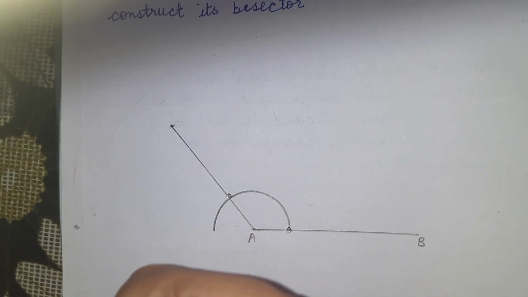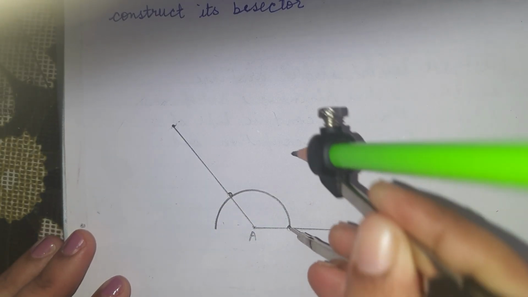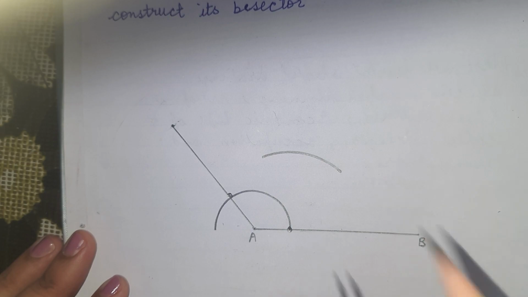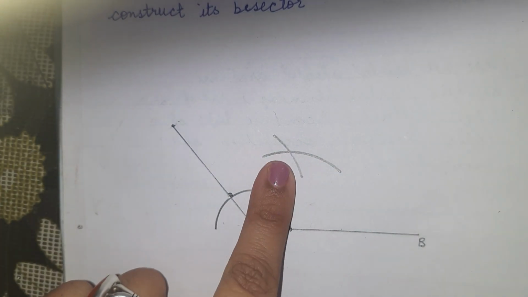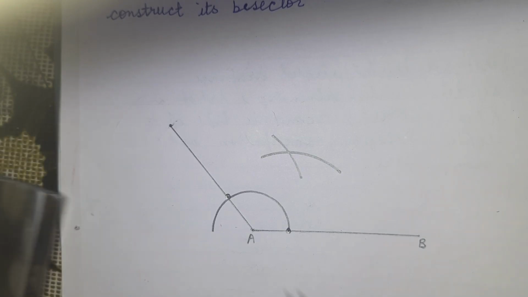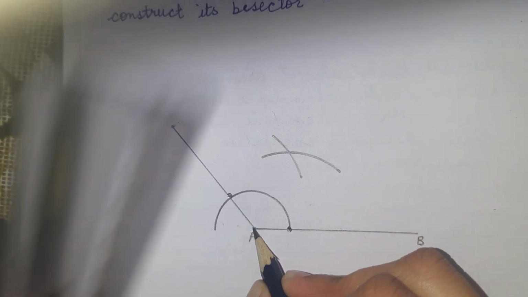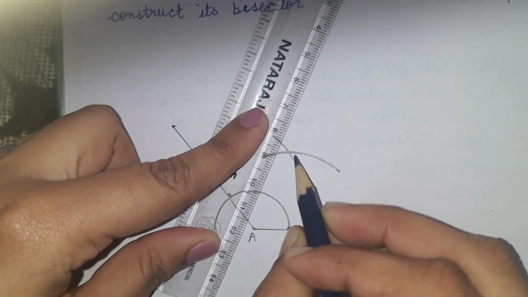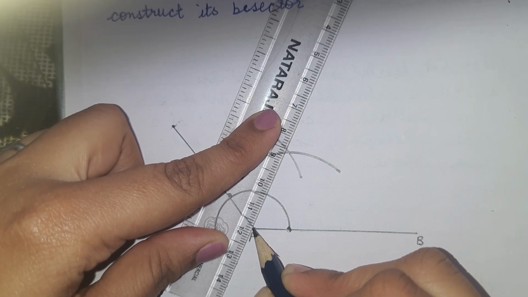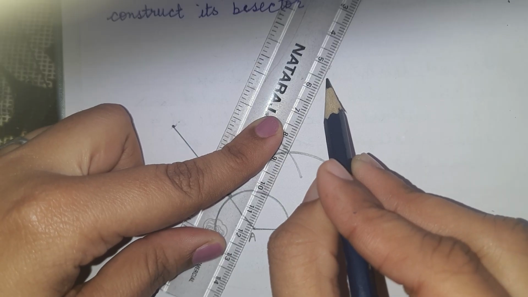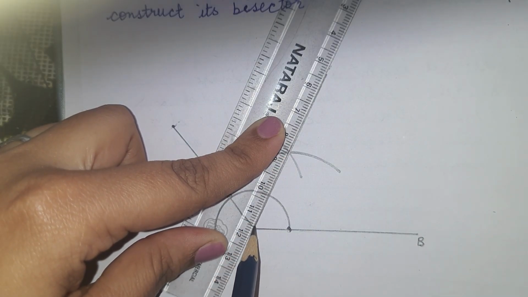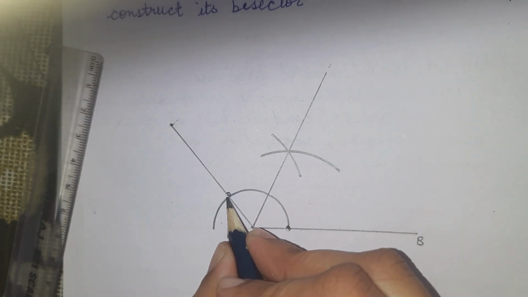Now put your compass here, make an arc, and put it here, make an arc. You can see you will get a cross. After getting a cross, from A, this line should pass through the center of this cross. So make adjustments and pass your line through this cross.